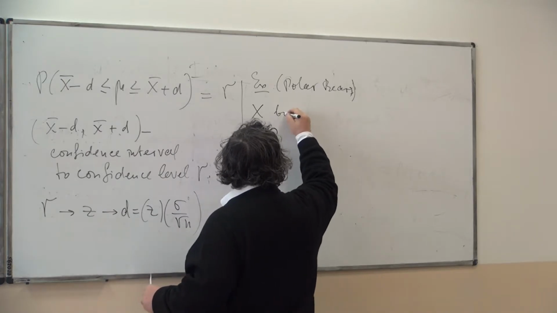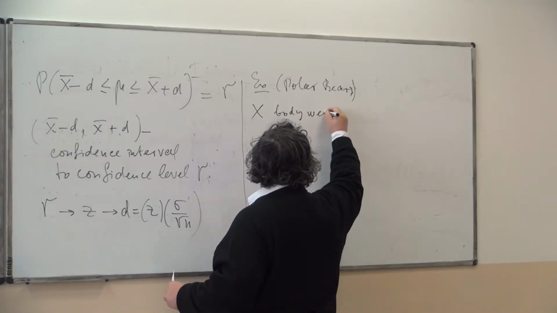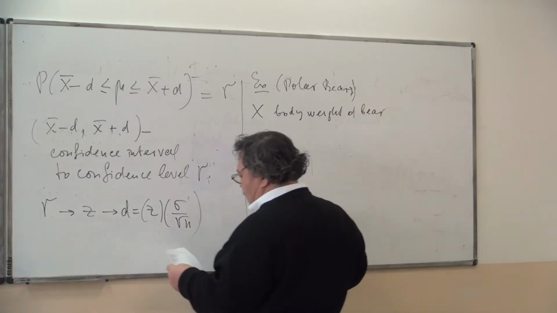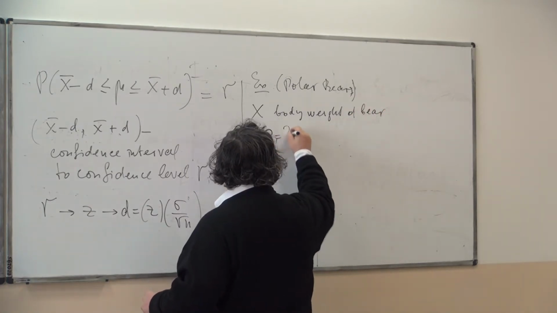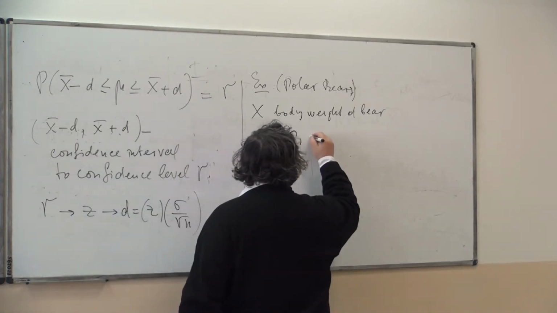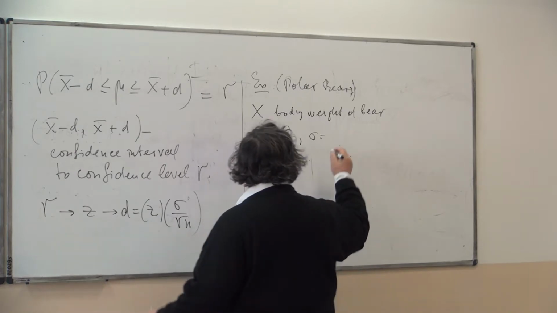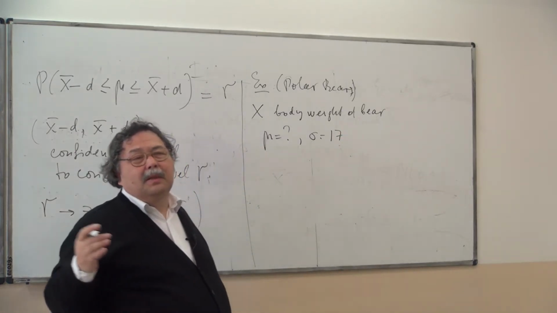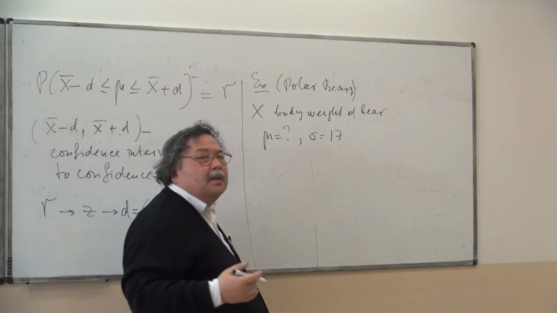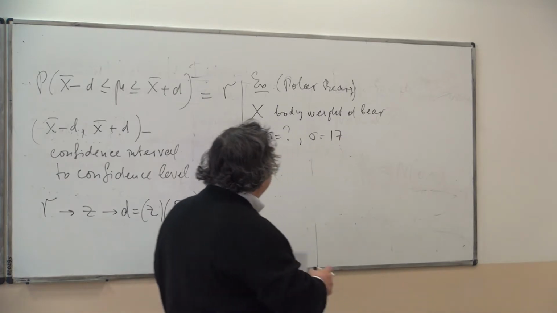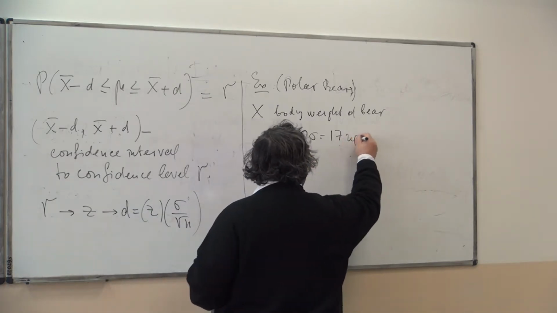X is the body weight of a bear, and mu, we are after estimating mu, and let me remind you that sigma is supposed to be known, or maybe it's taken from some historic data, and it's estimated to be 17 kilograms. Okay.